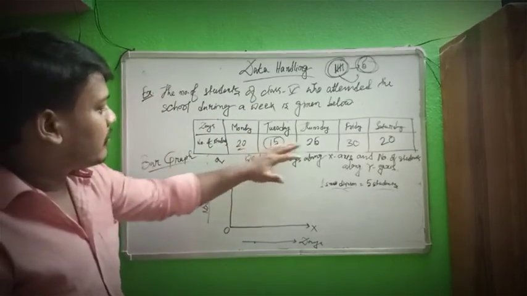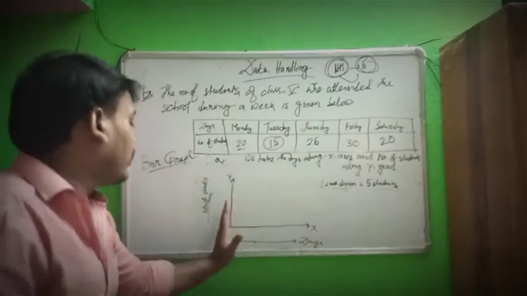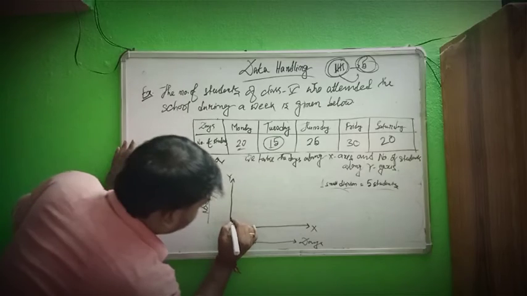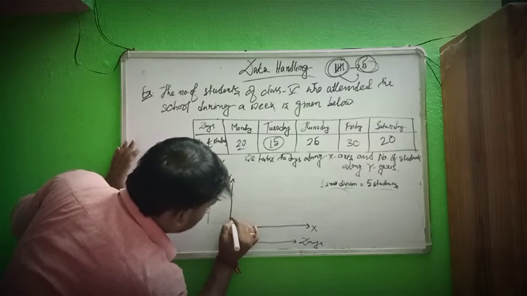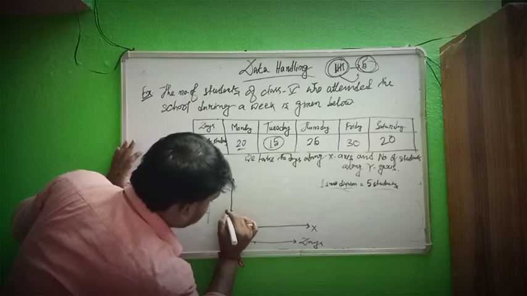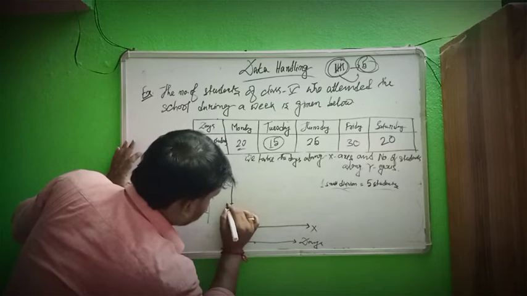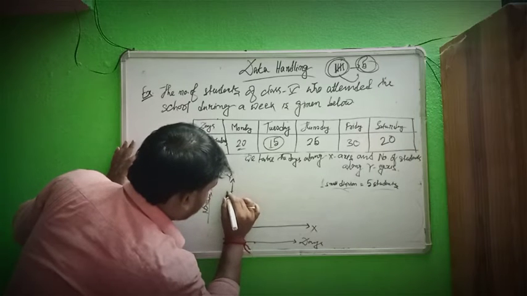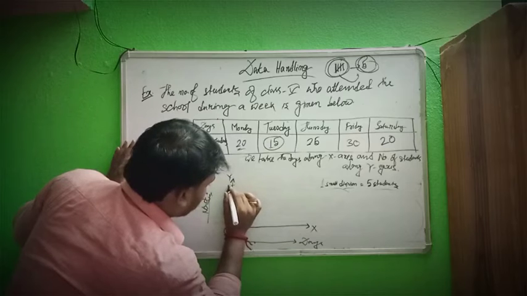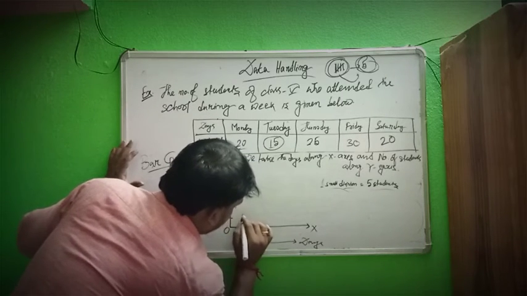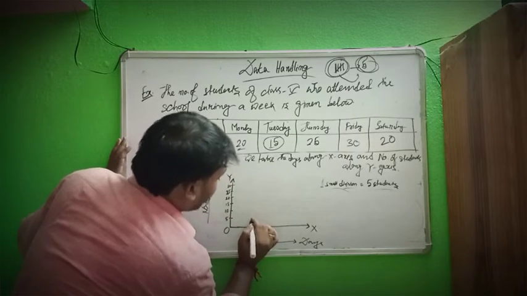Here the number of students is a numerical value, so try to take the numerical values along the Y-axis. We take the scale in this way: 5, then in the same length 10, 15, 20, 25, 30, and after that we draw the bar for Monday.